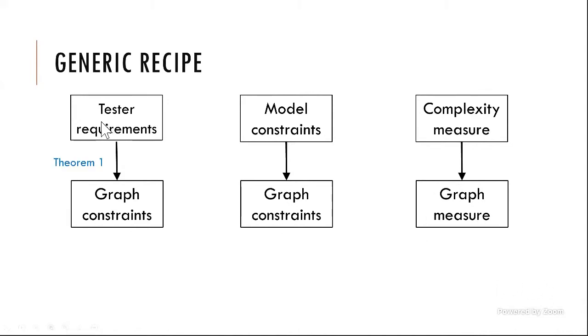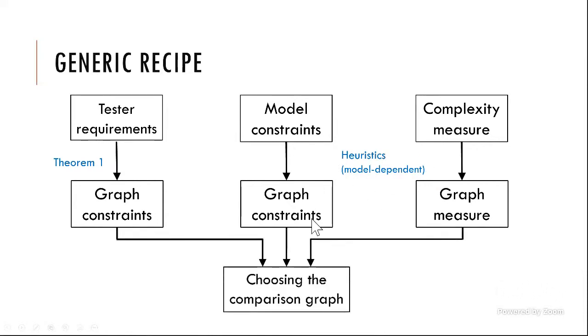So we use Theorem 1 in order to translate the requirements of the tester to the graph constraint. This is exactly the theorem that we said. We need some structure on the comparison graph. And we will need to use some heuristics that are model dependent to understand the other two. But once we have everything in the language of graphs, we simply need to choose the right comparison graph and simulate the tester that it induces in the model.